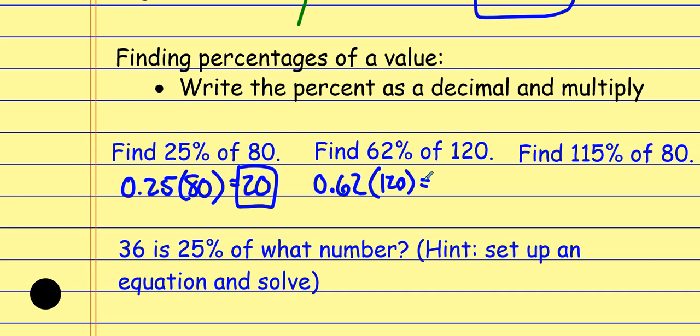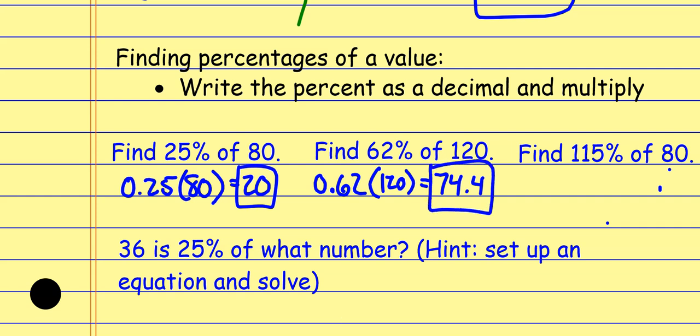And when I do 0.62 times the 120, that gives me a 74.4. And these are really easy to check. You can easily go back and say, hey, what is 20 divided by 80 to see if it gives you the 25%? What is 74.4 divided by 120 and see if it gives you the 62%?